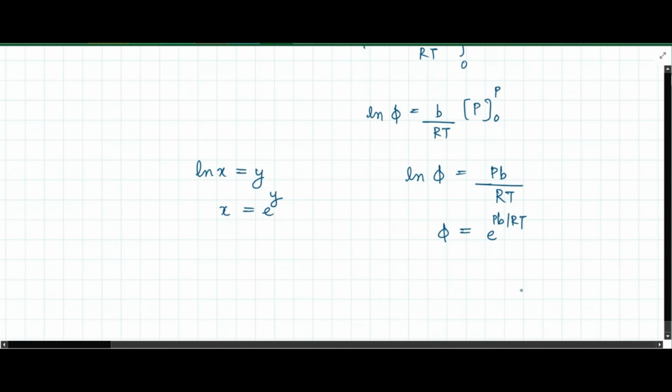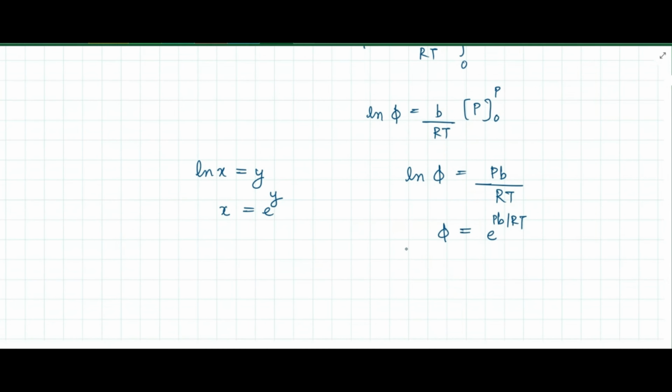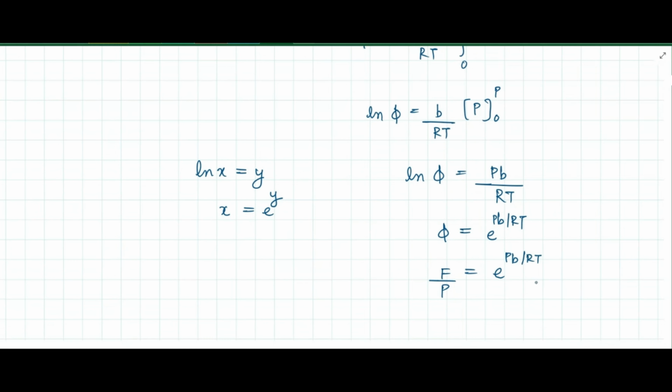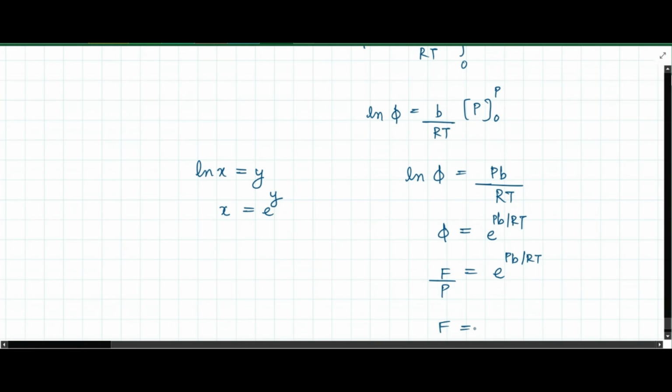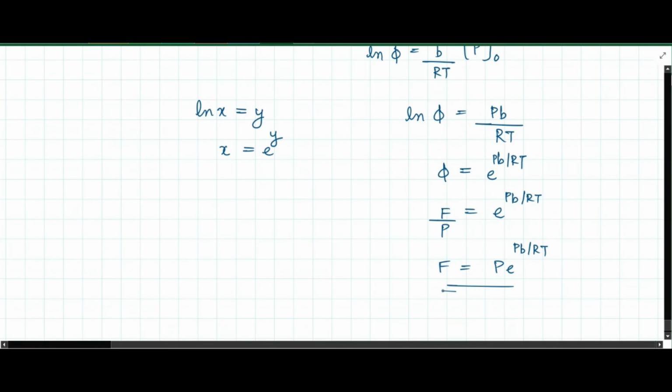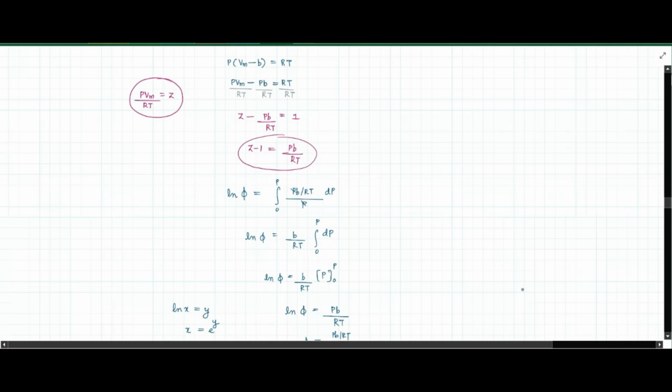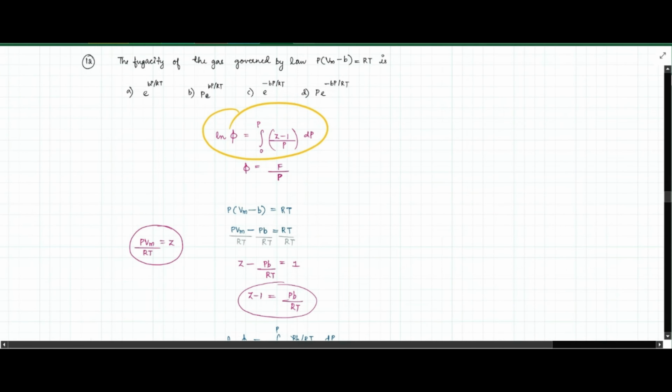What is asked is fugacity, not the coefficient. Phi is equal to f by p, which is equal to e to the power bp by RT. So fugacity is equal to P into e to the power PB by RT. Option D.